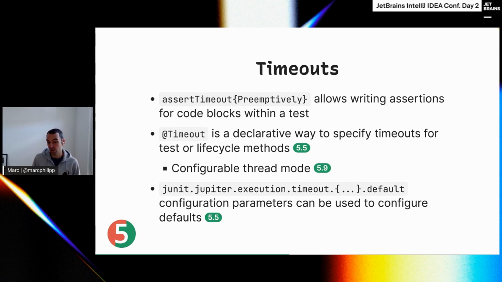And you can also configure which thread the test gets executed in, which is important for some detailed use cases. But the key point is, if you want to ensure, for example on CI, that all your test methods use some rather large timeout so they don't let the build run indefinitely, you can even configure that globally now via this configuration parameter and enforce some timeout on all of your methods, unless they override it, of course.